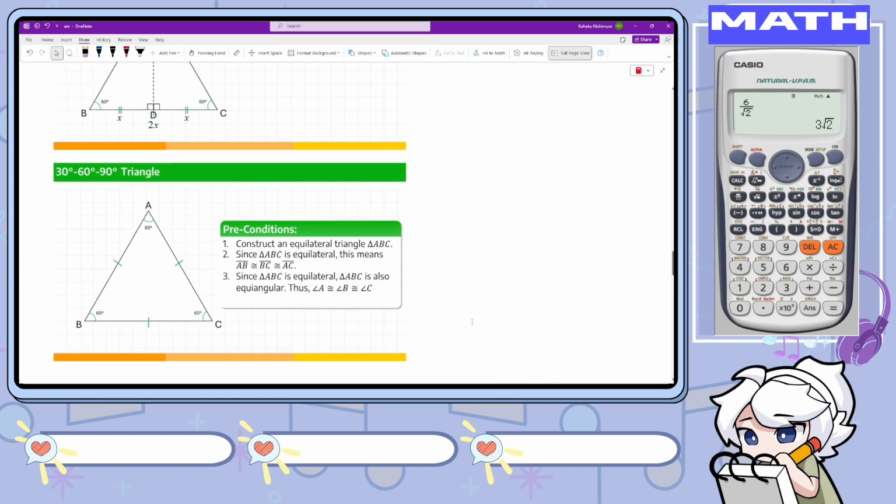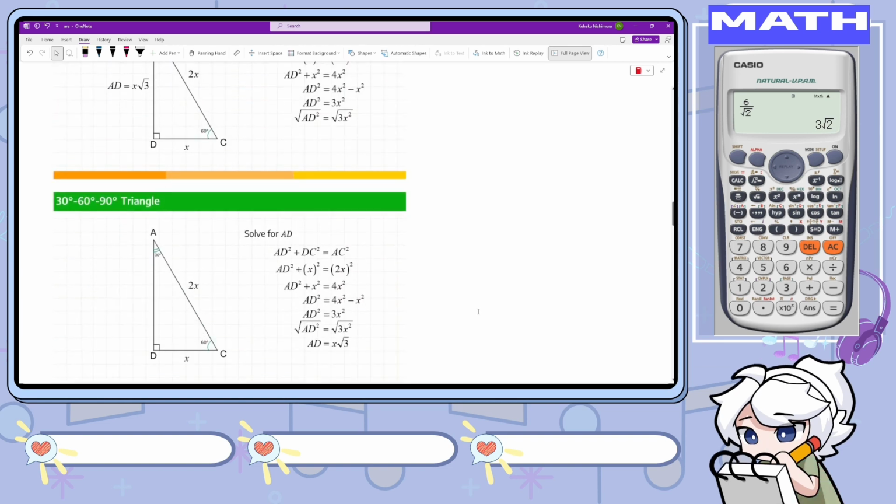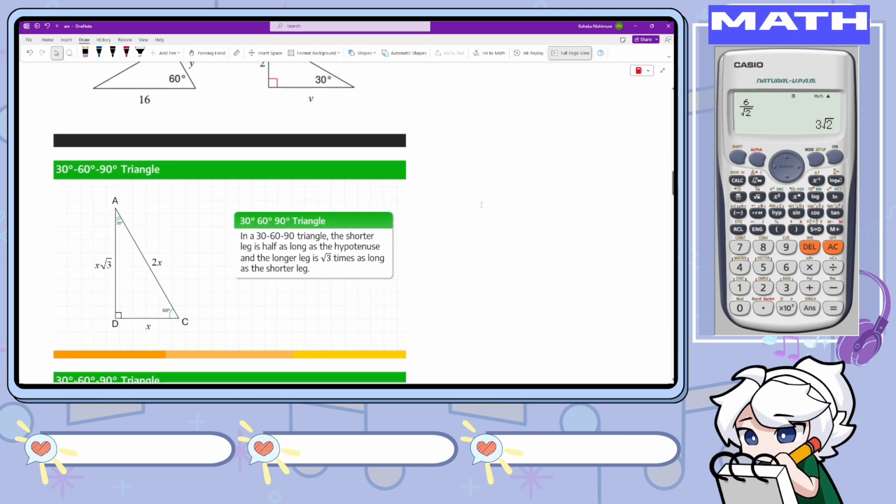Now, let me zoom in again. There you go. This is 30, 60, 90. Here are the relationships between all the sides, right? Okay, let me have this. This is 30. This is 60.